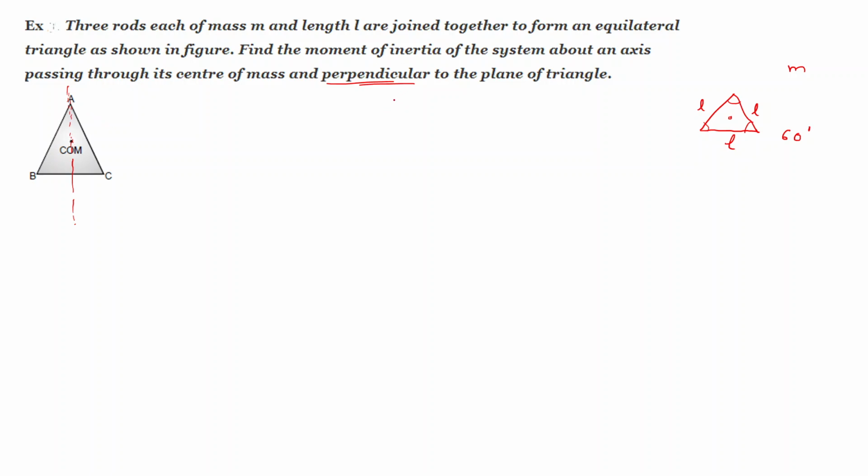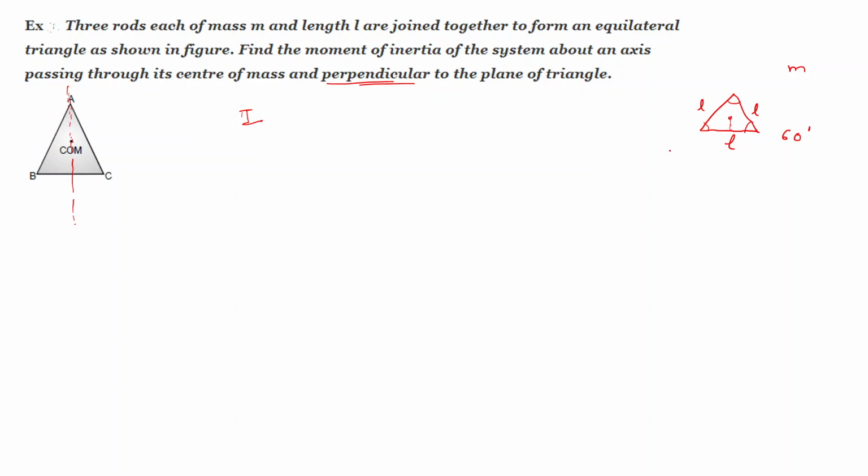So we need to find out the moment of inertia corresponding to the axis passing through the center of mass. Again we need to find out the distance between this rod and the center of mass. So we need to find out this length.